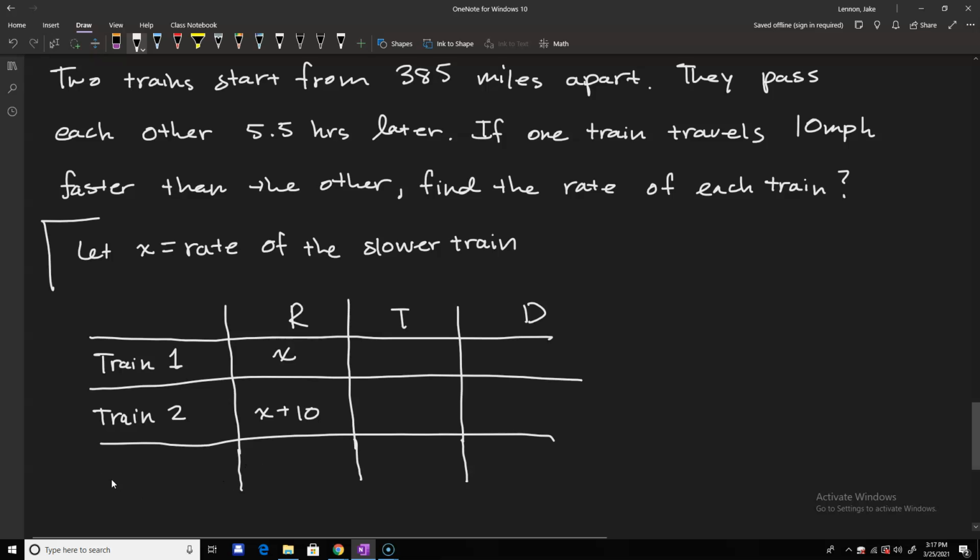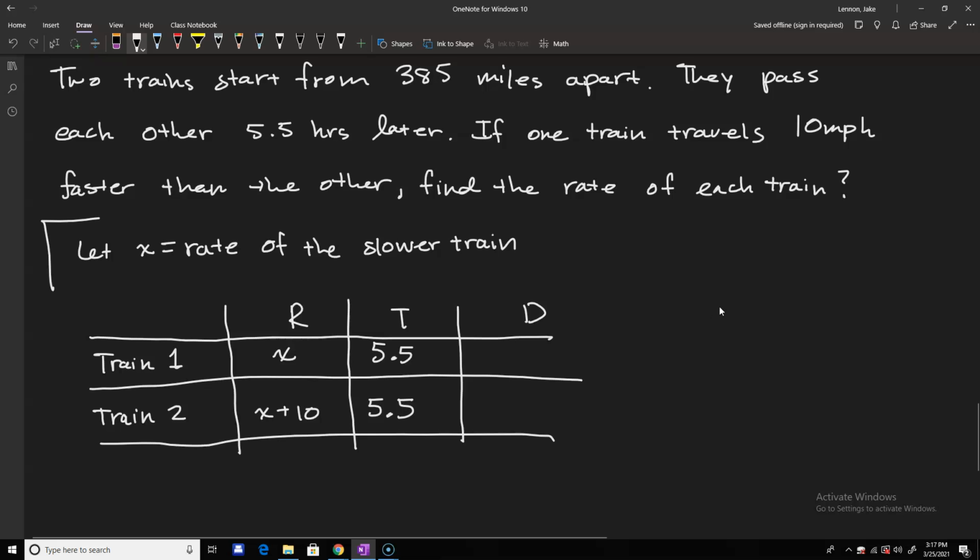So let's say total, because we know two totals. We know that the total time, oh, no. So each one is traveling for 5.5 hours, so we don't have to worry about the total. So I don't think we necessarily need that. But yeah, so each train is actually traveling for 5.5 hours, right?